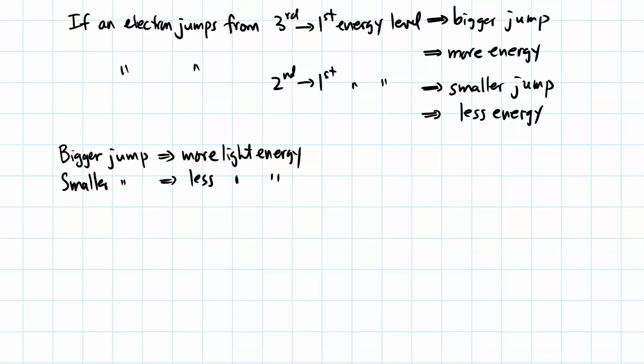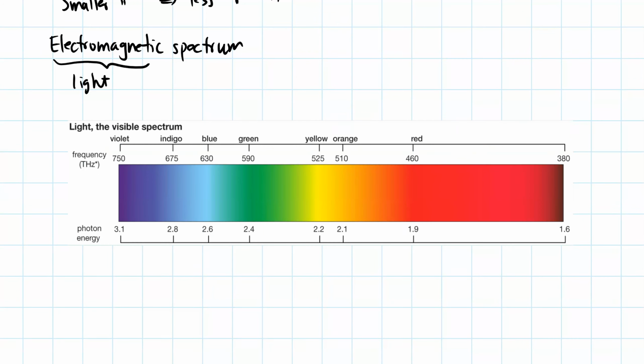I now have to talk about the electromagnetic spectrum. An electromagnetic spectrum is just the word we use in everyday language as light. Light comes in classes. And so when I say the word spectrum here, this just means the different kinds of light. And it turns out that there's 6 kinds.